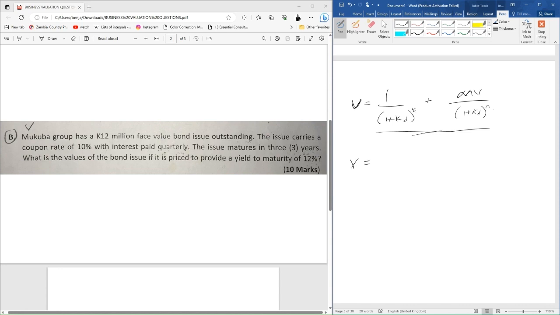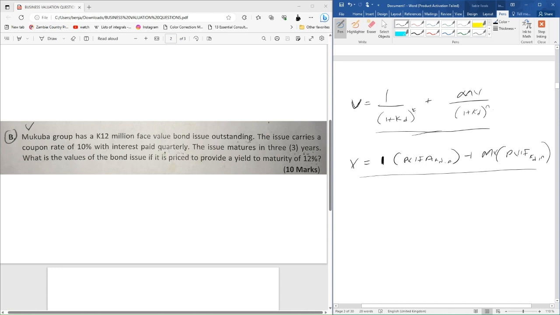So our valuation of a bond is equal to our coupon, which is our interest, multiplied by the present value interest factor of an annuity at KD, N, plus our maturity value multiplied by the present value interest factor, not annuity, just present value interest factor, at KD, N. So this is the formula we are going to use to calculate the valuation of the bond.